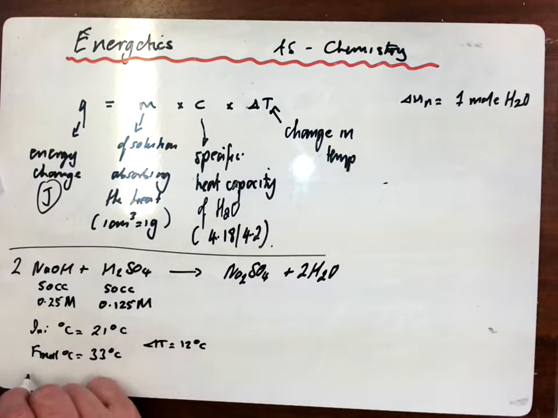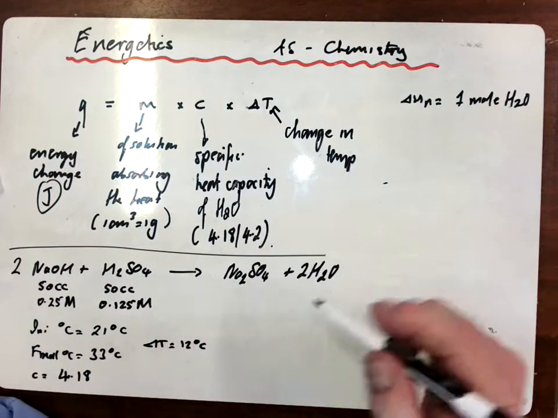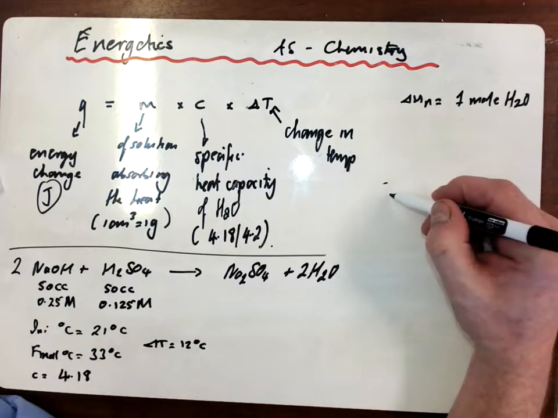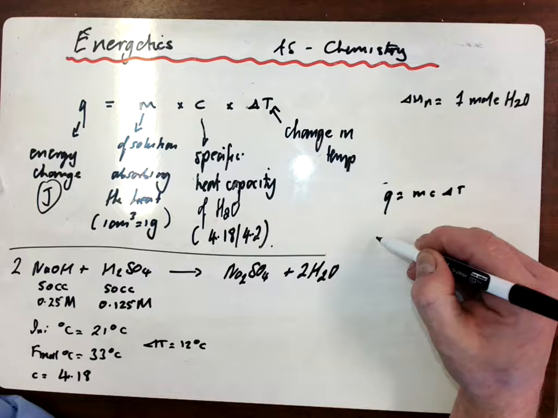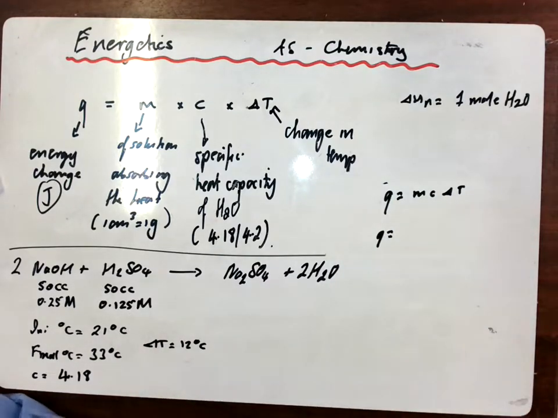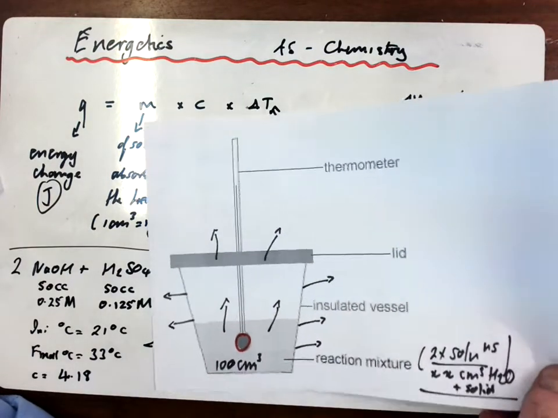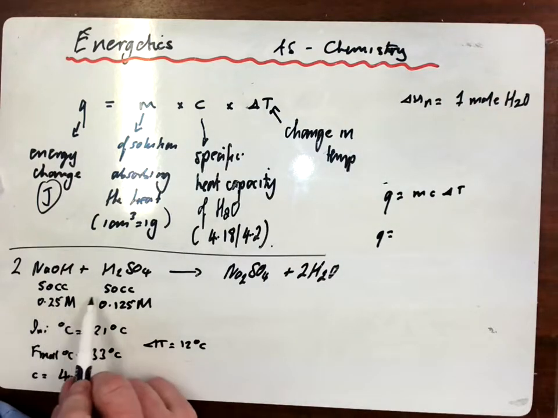Okay, we'll say our specific heat capacity is given to us this time at 4.18. Okay, so let's go. We need to first of all work out Q equals mc delta T. So Q equals m. So remember we did this in our coffee cup calorimeter and we added the acid to the alkali. So our total solution in here would be the two solutions together, which would be 50 plus 50.